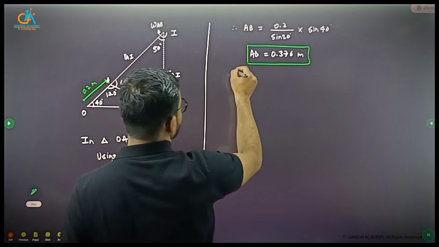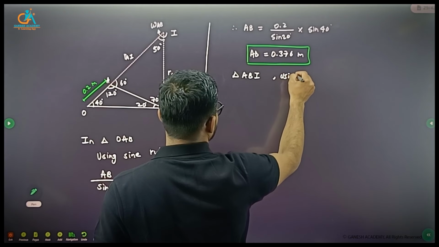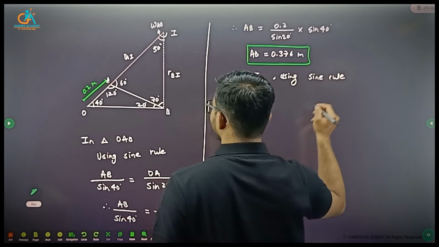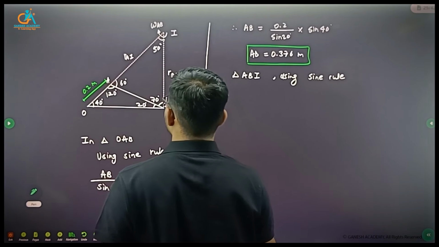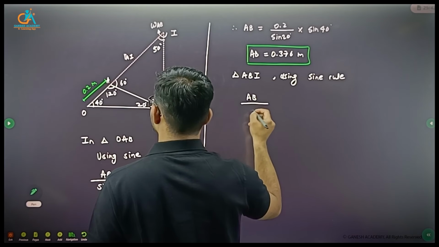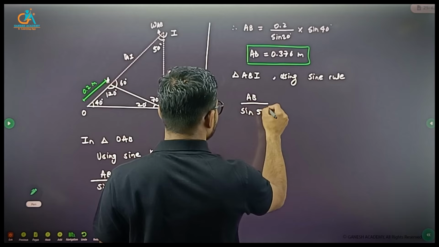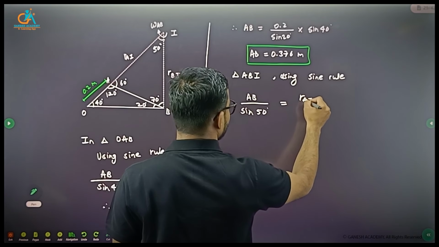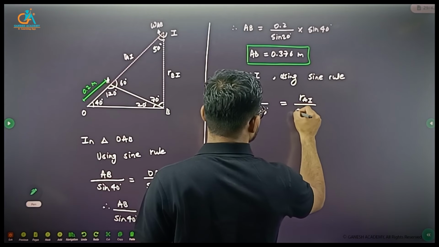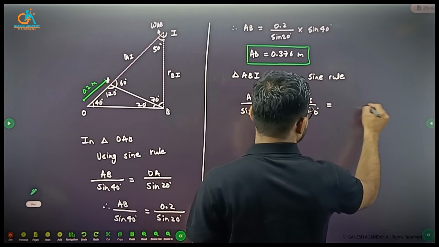Then in this triangle ABI, using sine rule you can find RAI and RBI. So AB divided by sine of 50 is equal to RAI divided by sine 70 and RBI divided by sine 60.